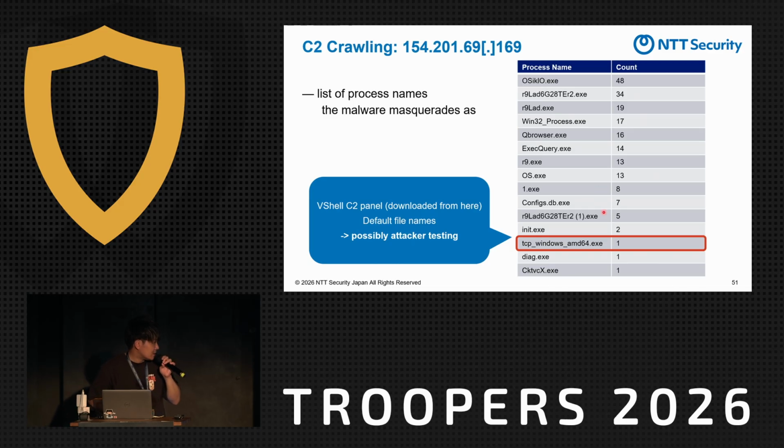This type of file name can be observed if we download the test samples from the admin panel, something like TCP Windows AMD64, which shows connection protocol, OS, and architecture. This file name can be observed if we download the binaries from the C2 panel directory.